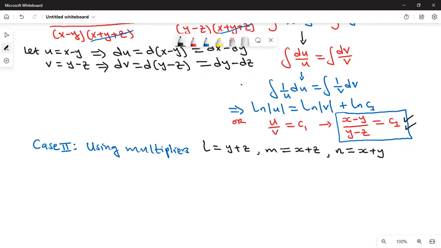Let me see whether I'm going to get 0. So LP plus MQ plus NR, what will it give us?